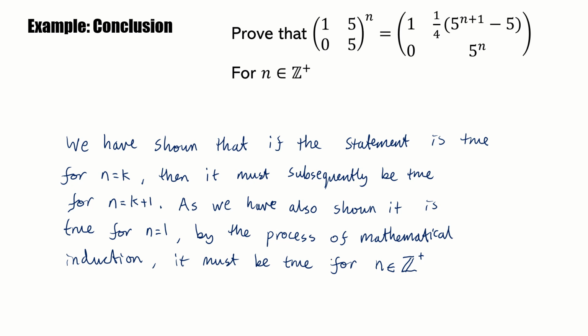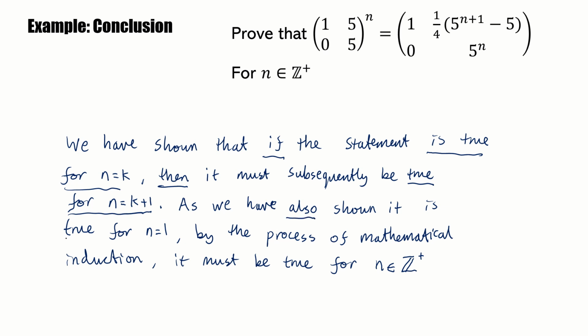It's worth pointing out all those bits in this conclusion are important. The key parts are pointing out that if the statement is true for n equals k, then it's true for n equals k plus 1. So those are key points you need to be putting across in your conclusion.